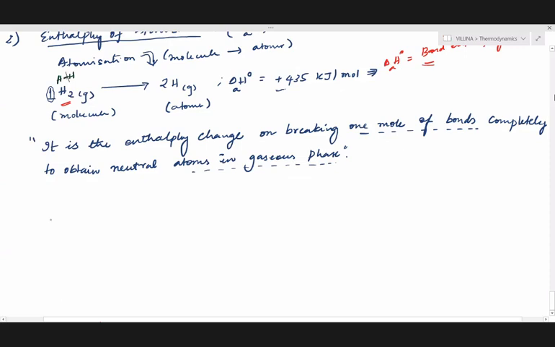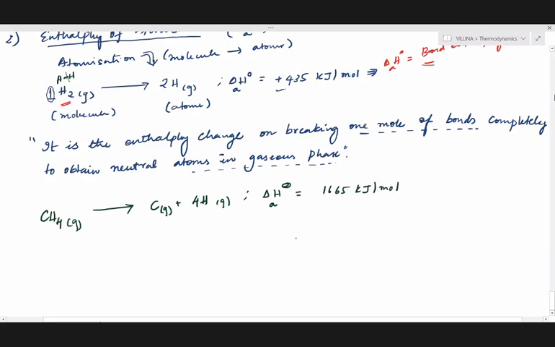But if we take another example, methane, and if this methane is broken down into a carbon atom and 4 hydrogen atoms, then whatever the enthalpy associated in the breakage of bonds is 1665 kilojoule per mole.